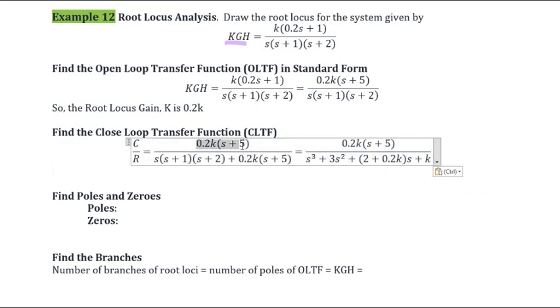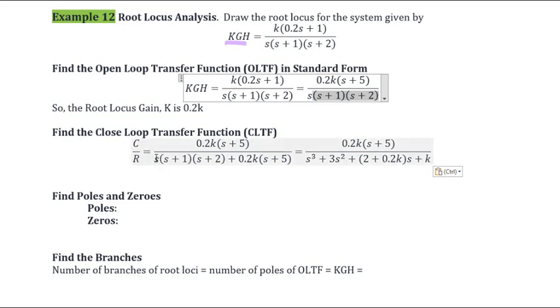We've got the 0.2K times s plus 5. That's the numerator, the forward path of the system. And then the denominator is just s times s plus 1 times s plus 2.